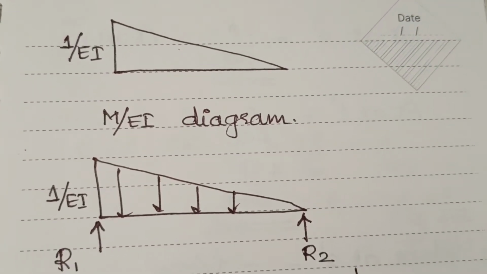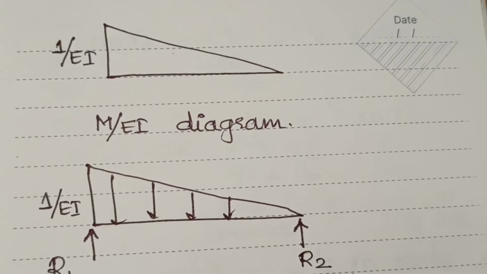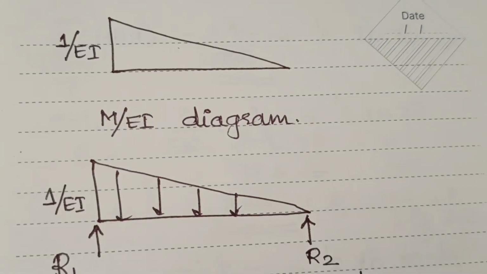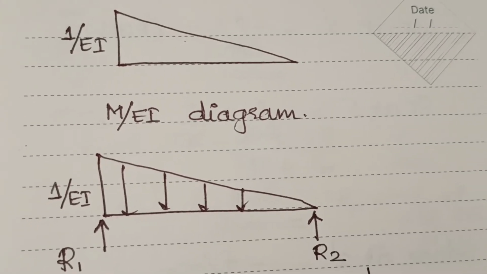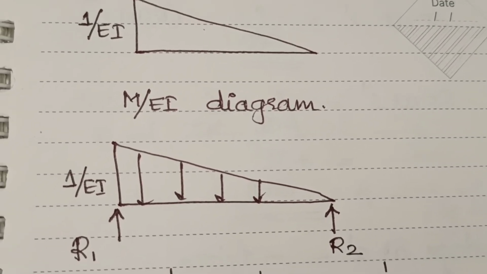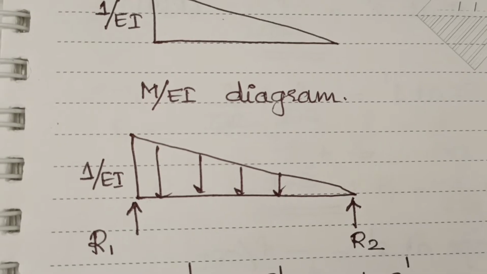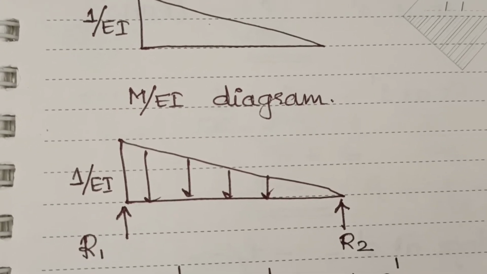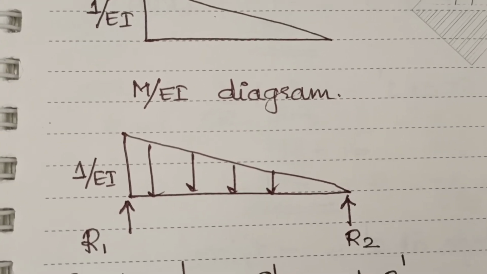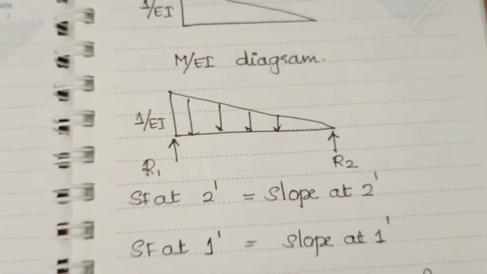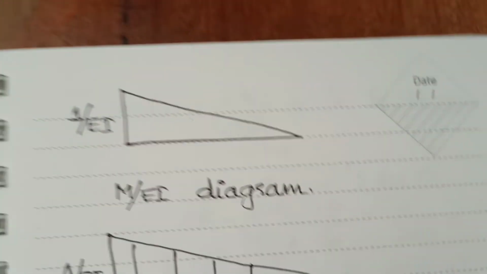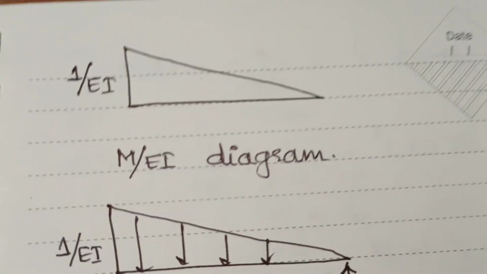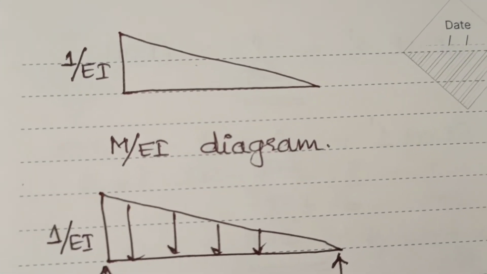Hence, following the sign convention of sagging positive and hogging negative, the bending moment diagram will be positive. So we have to draw the bending moment diagram above the line.